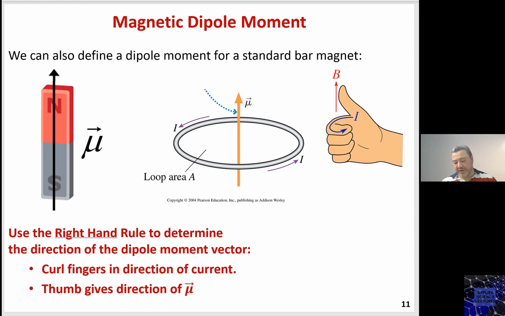So this little loop is creating a magnetic field that is equivalent to the magnetic bar, and the magnetic dipole moment for this little loop is also pointing such that this is the north side and this is the south side of my dipole.